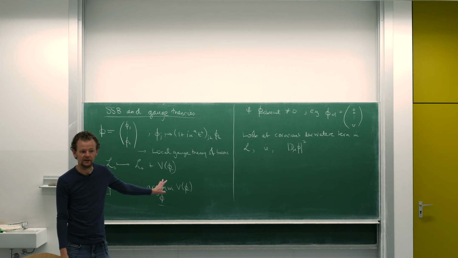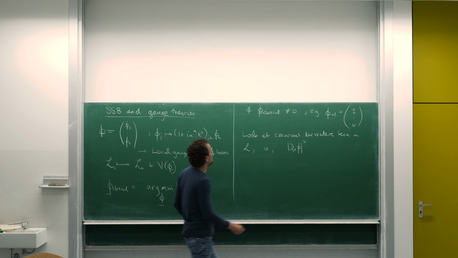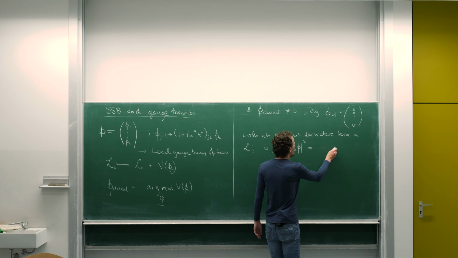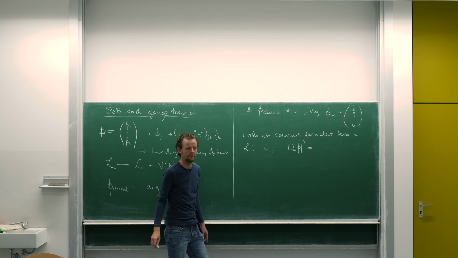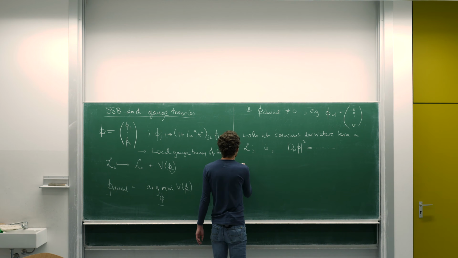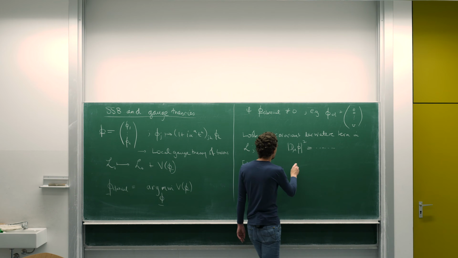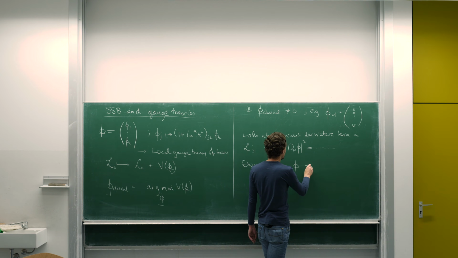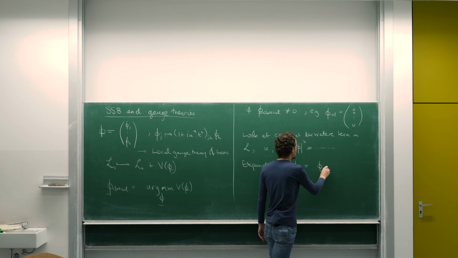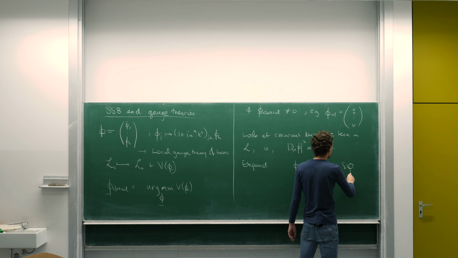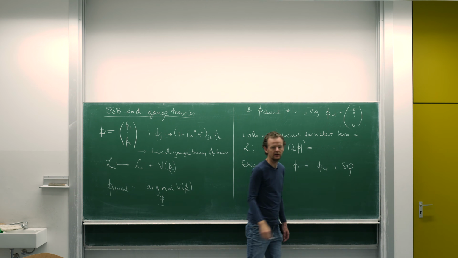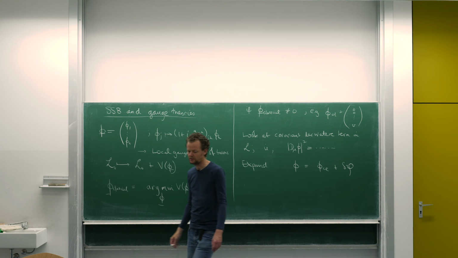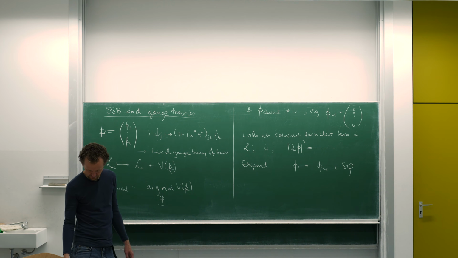So that's the first stage of generating mass. And so this is some complicated expression. And when you expand this long complicated expression in terms of phi equaling some phi classical plus some fluctuation field, I guess I won't use that notation.